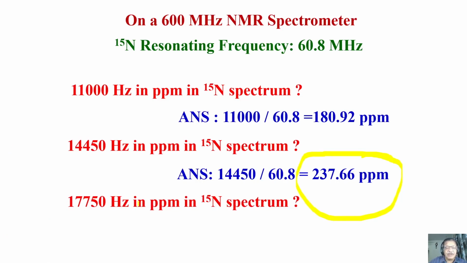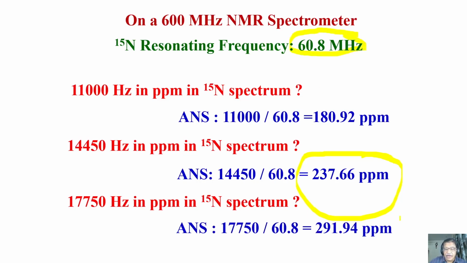If you want the answer in ppm, take this value, the resonating frequency is given as 60.8, divide by this, and this is the ppm value for nitrogen 15 in a 600 megahertz spectrometer. With this, I'm sure all of us have become familiar with frequency to ppm and ppm to frequency conversion. I have repeated this many times and given several examples because it's a very, very important concept.